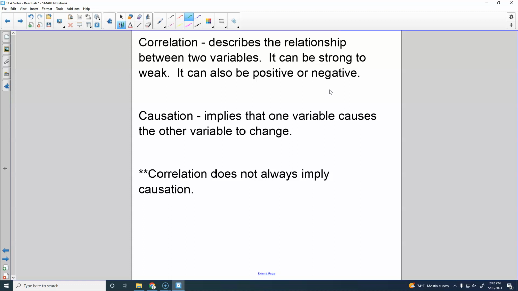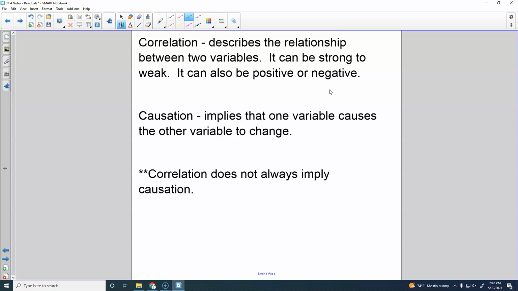It can be strong to weak, and it can also be positive or negative. If it is positive, that means your data is increasing. If it's negative, your data is decreasing. If it's strong, it looks a lot like a line, and if it's weak, it doesn't look much like a line. We can have two variables that are correlated.